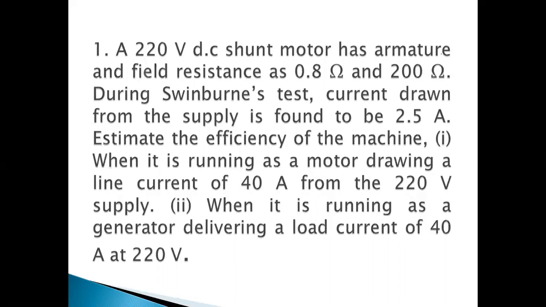when it is running as a motor, drawing a line current of 40 amperes from the 220 volt supply, and when it is running as a generator, delivering a load current of 40 amperes at 220 volts.